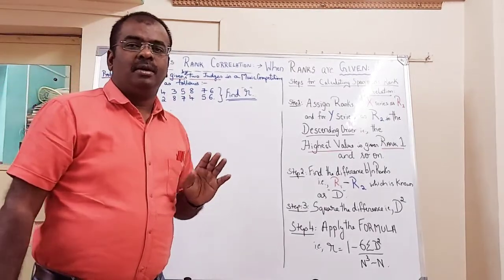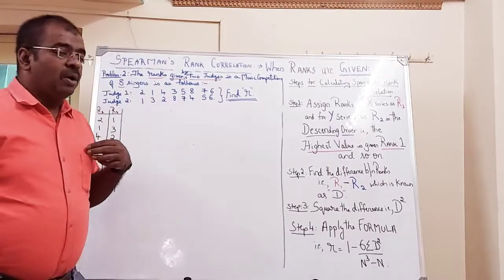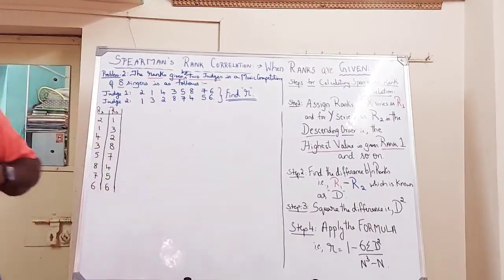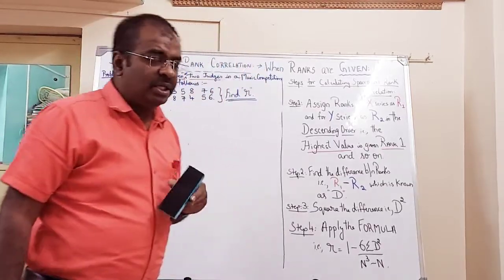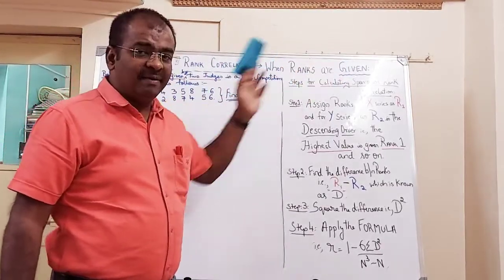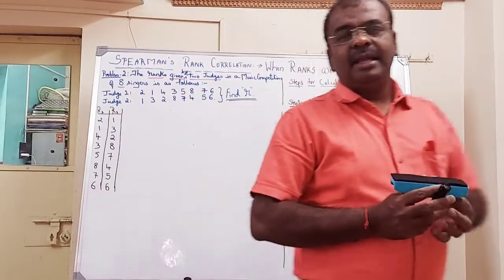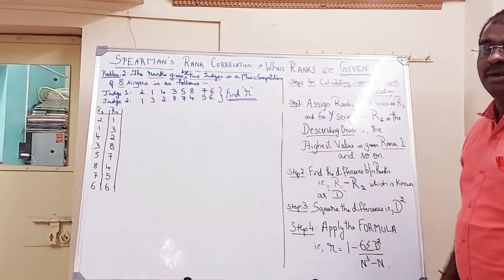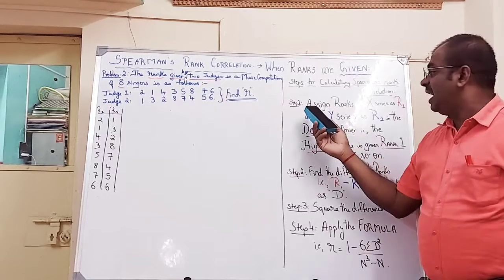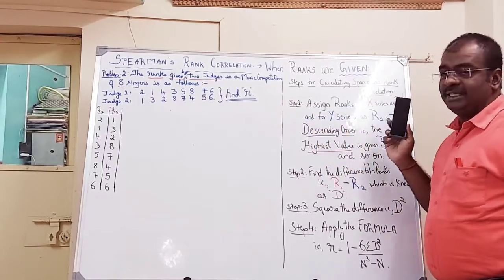What are the steps that we have to follow in Spearman's rank correlation when the ranks are given? In the previous problem we had 4 steps. The first step says assign ranks for the X series.